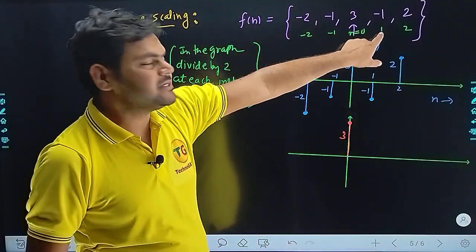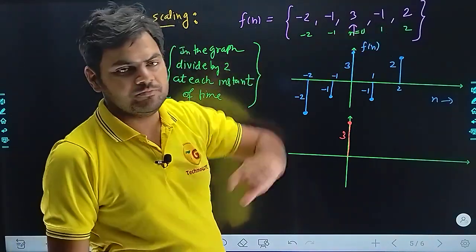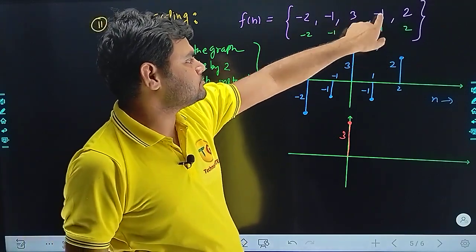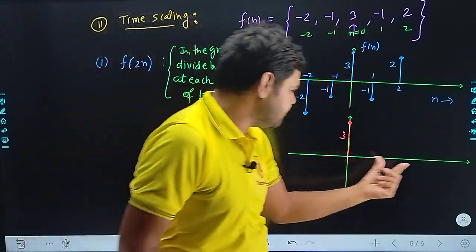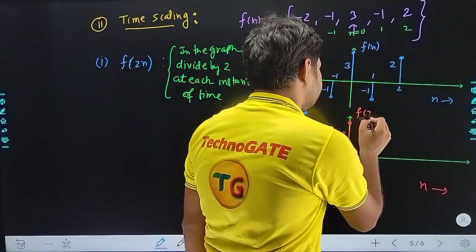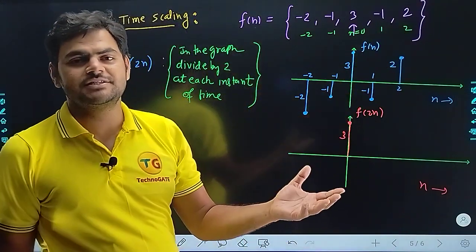See the sample which is present at n equal to 1; divide it by 2, it becomes 1 by 2. There is nothing like n equal to 1 by 2 over this scale of n, so of course 1 by 2 does not exist here.